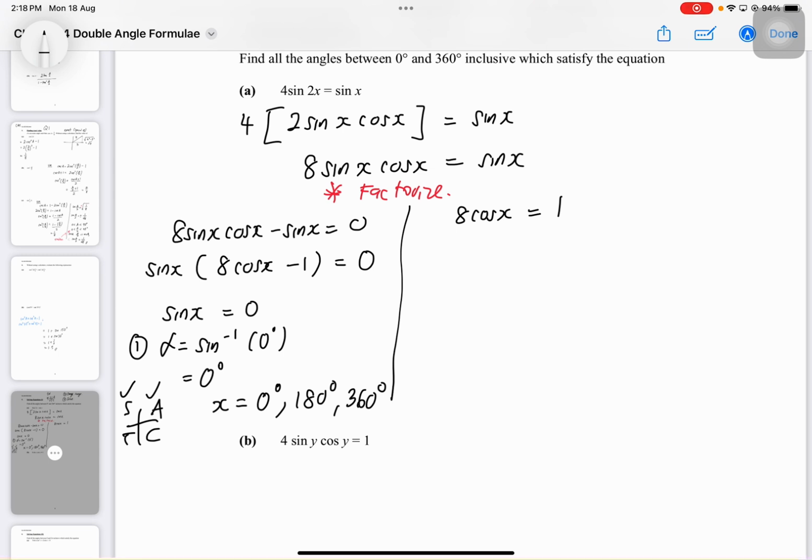Alright, do the same for cosine x. Cos x is 1 over 8. Can you find your alpha? Do your ASTC now. Okay, let's do.